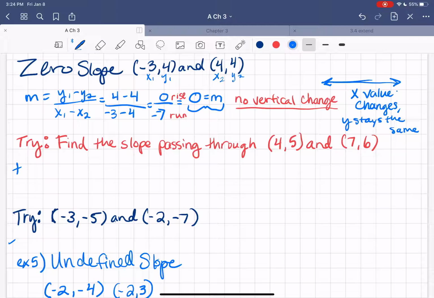So this one would be -2 once you finally get it. And the other one should be 1/3. Okay? So see if you get those.